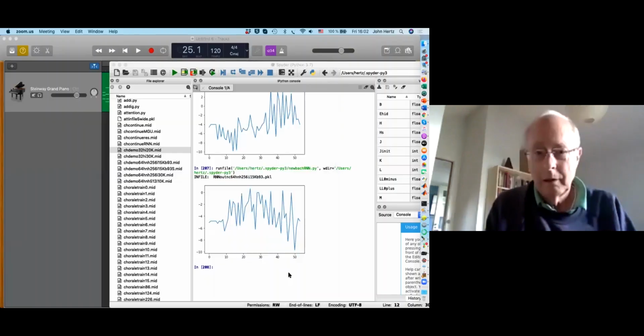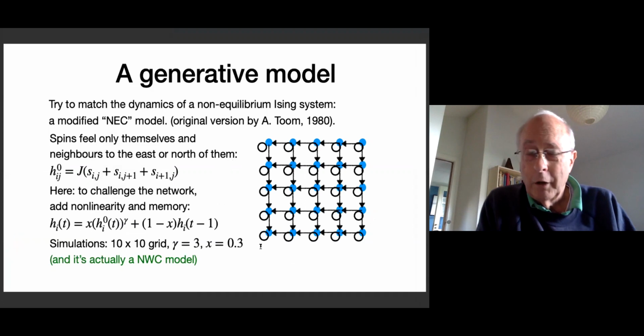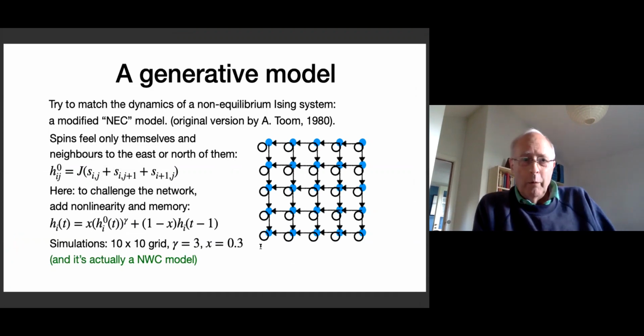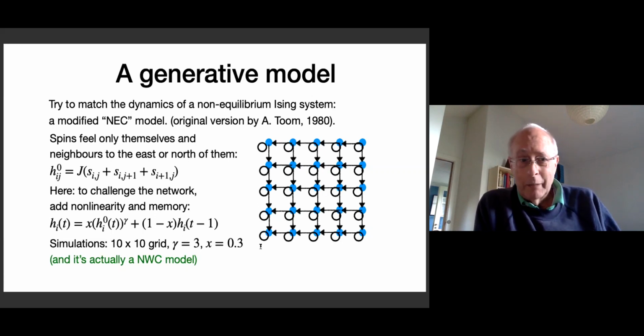So now if I can share the screen again. And I hope you can all see that. We wanted to try using it as a dynamical generative model of a sort of fun non-equilibrium Ising model.